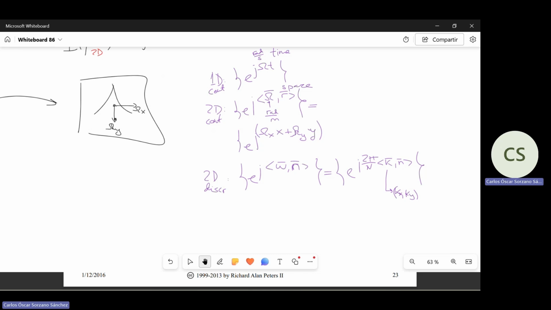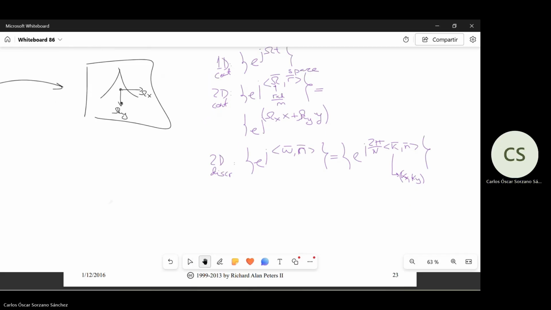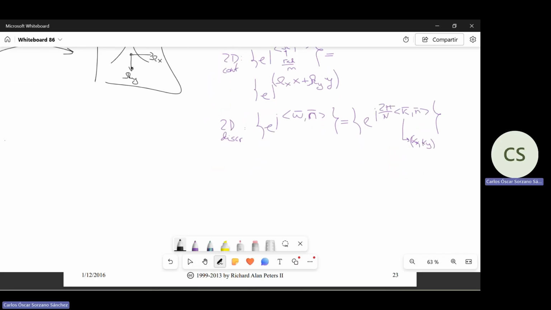Now we already know how to do Fourier transforms. So for instance, let's say that I want to compute the Fourier transform of an image. I know it will be the inner product between my image and my basis function, which is this one.